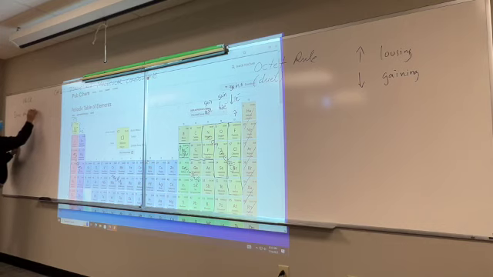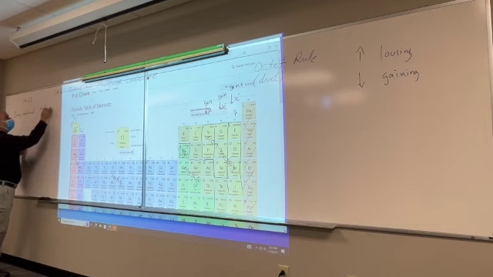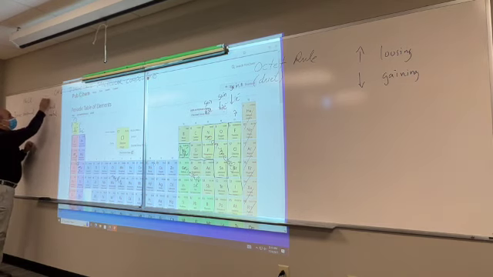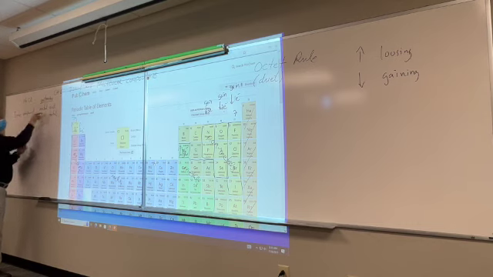It always has a metal combined with a non-metal. It's a partnership between metals and non-metals. Between metals and non-metals, ionic compound.